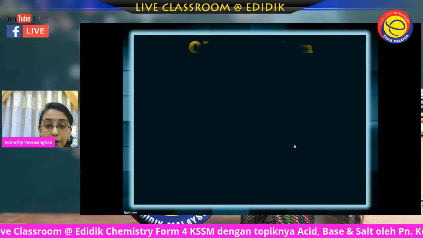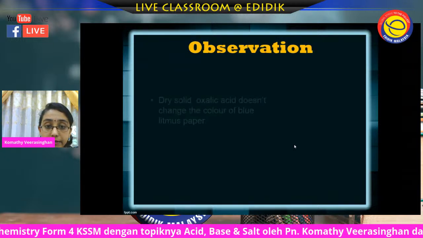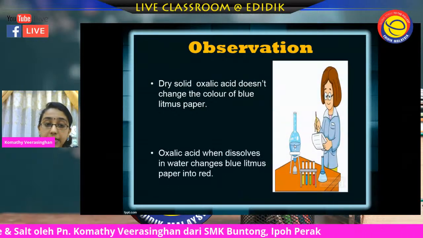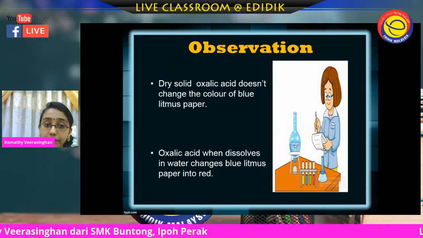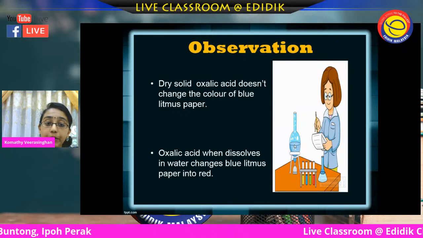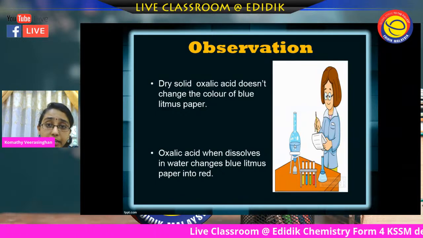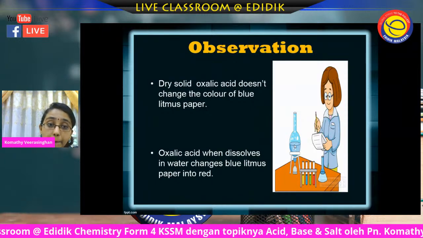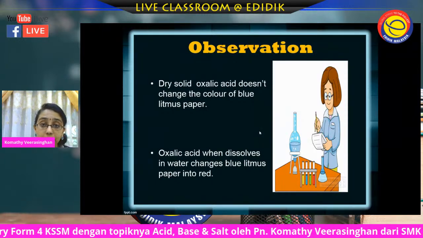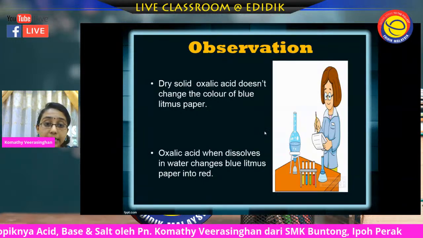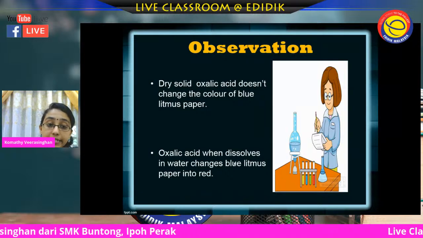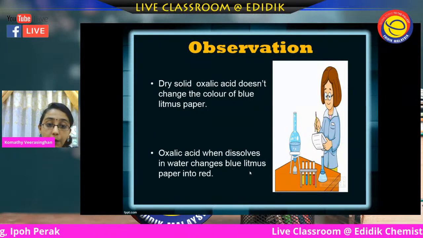Now, how about solid oxalic acid? The dry solid oxalic acid doesn't change the color of the blue litmus paper. That means, if I say acid, just now I told you, it must be able to change blue litmus paper into red. But when I test in dry condition, in the absence of water, it doesn't show any change to the blue litmus paper. But after I dissolve it in water, what happens?